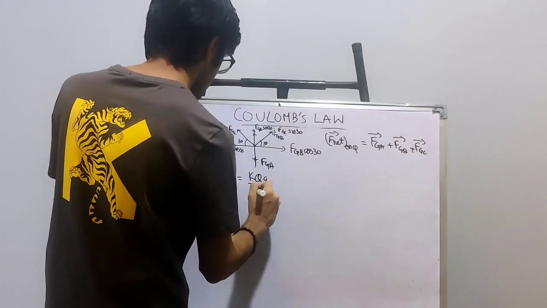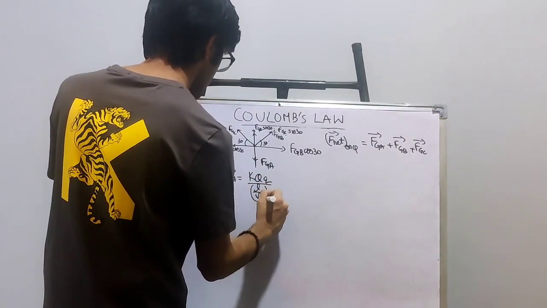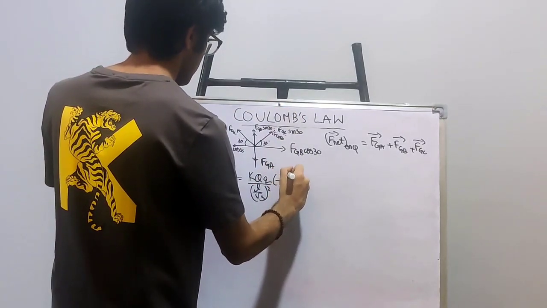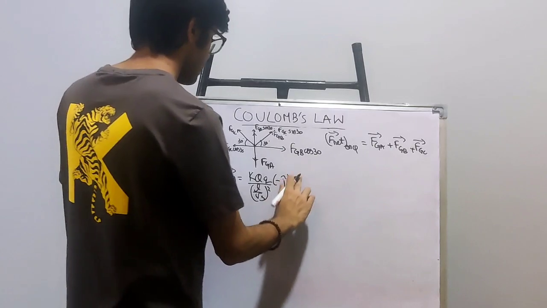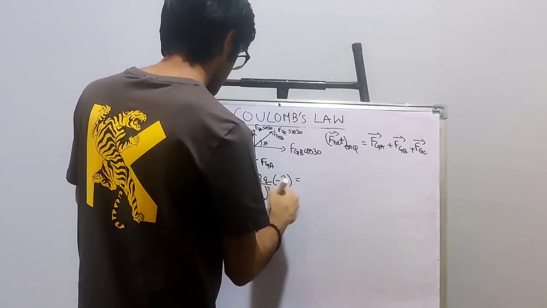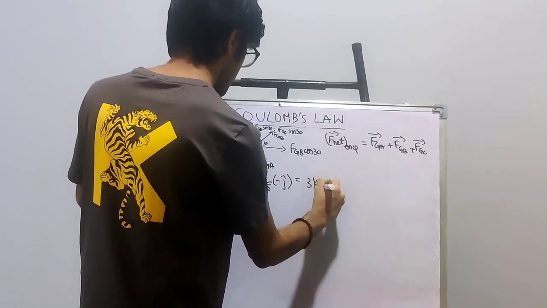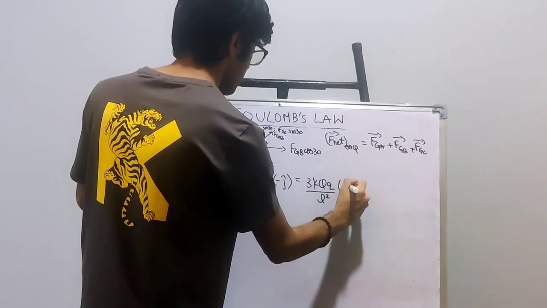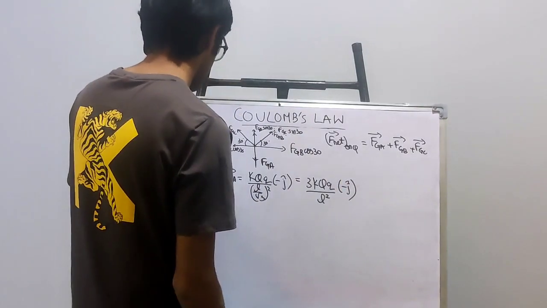So R squared would be L by root 3 whole squared, and this is in the downward direction, so minus J cap. The 3 will go up, so 3KQq upon L square, minus J cap.